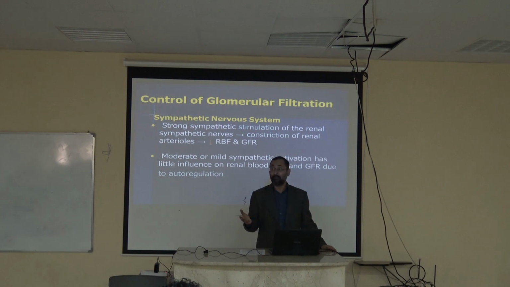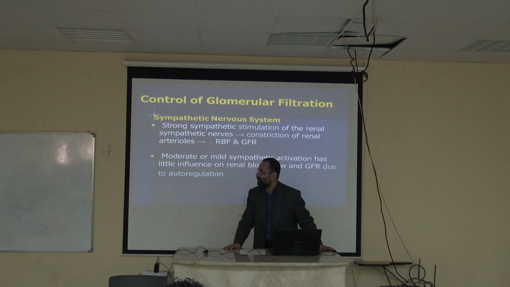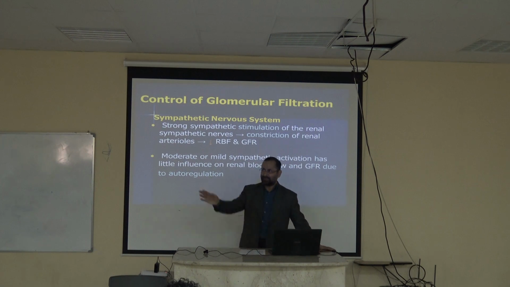What example did I give you for strong sympathetic stimulation? Shock-like condition. All of a sudden, dehydration or shock, then the kidneys will receive a very strong sympathetic stimulation, and then that will affect the GFR at that time. But otherwise, under routine conditions, sympathetics are there, but they are not doing really much of regulation.